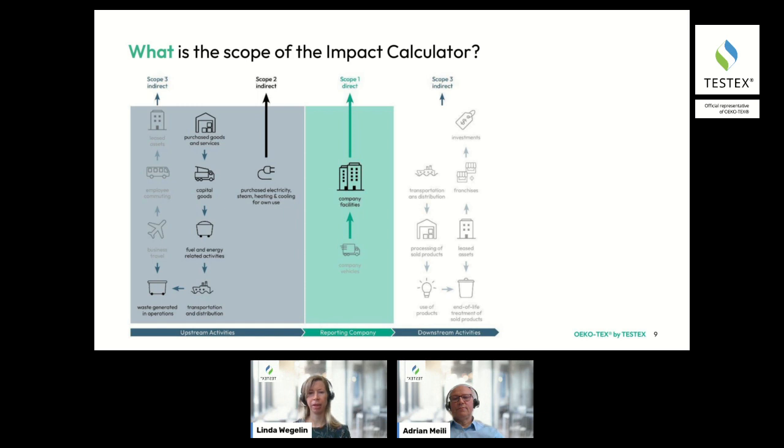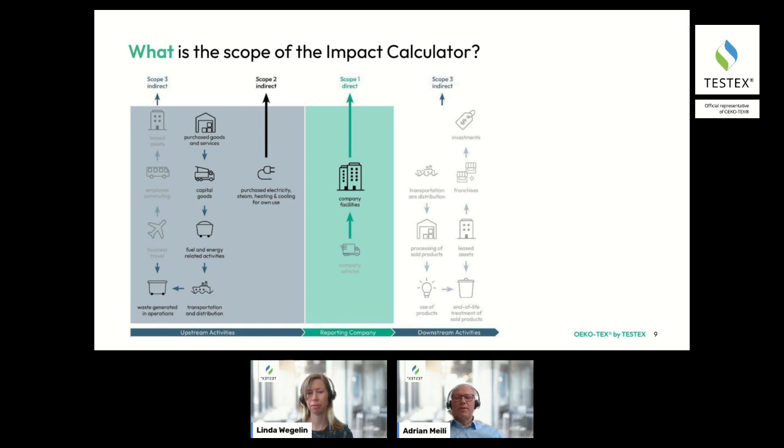If I may draw on a question we just got from a participant: does the calculator include all emission data, in support of tracking scope 3 emissions? No, it does not. Not on scope 3. It covers only scope 1 and scope 2.